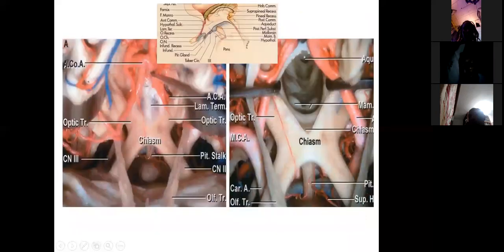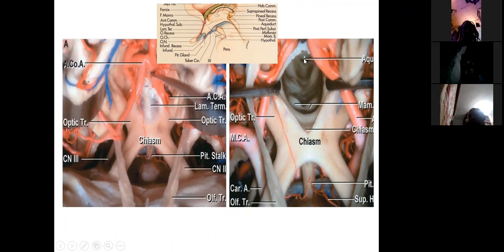So opening this wall from the lamina terminalis, part of the anterior wall of the third ventricle, we can see part of the floor and part of the posterior wall of the third ventricle.